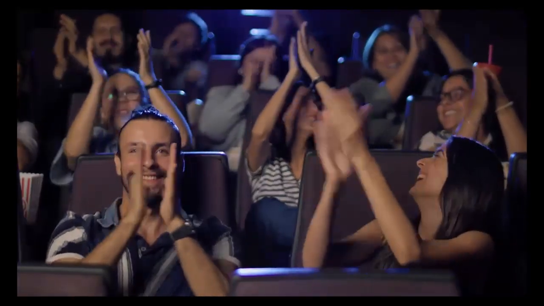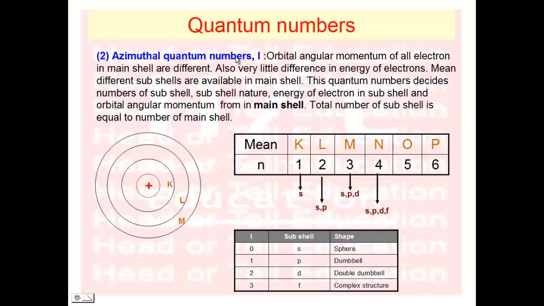The second one is the azimuthal quantum number, which is shown by L. The orbital angular momentum of electrons in the main shell is different, and there is a very little difference in the energy of electrons, which means different subshells are available in the main shell.